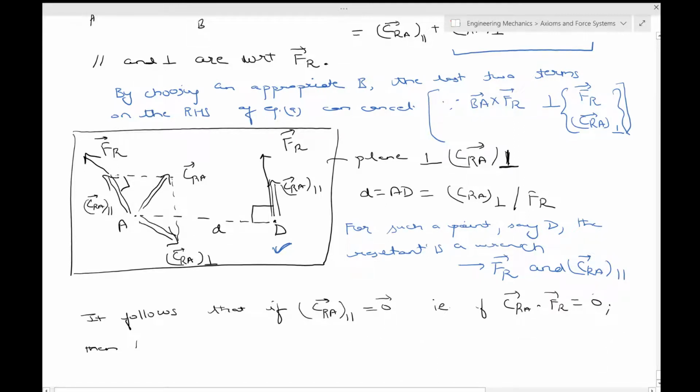It follows that if CRA parallel is equal to 0 vector, that is, if CRA dot FR is equal to 0, then the simplest resultant is a single force FR, if FR is not equal to 0.